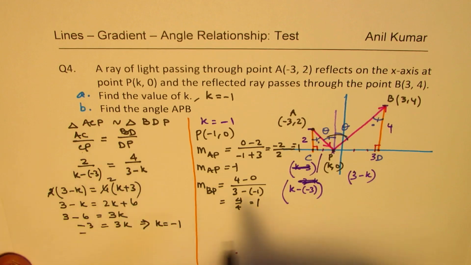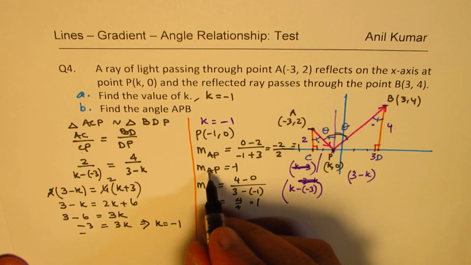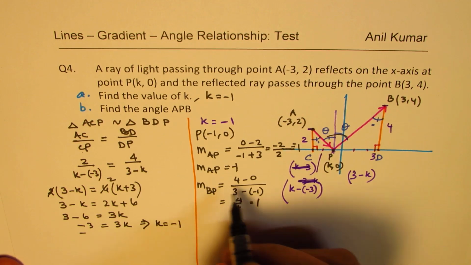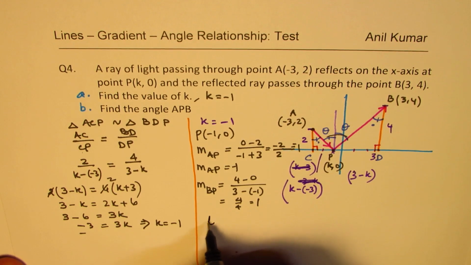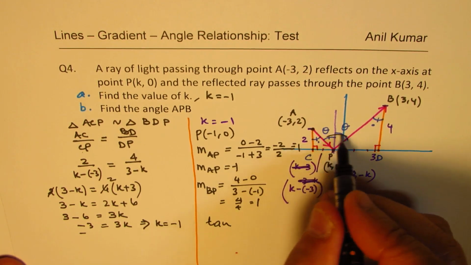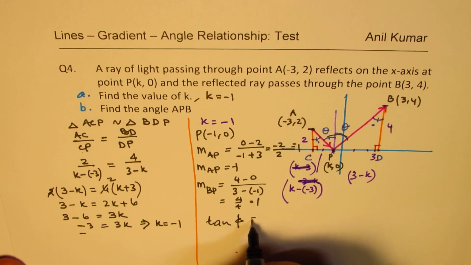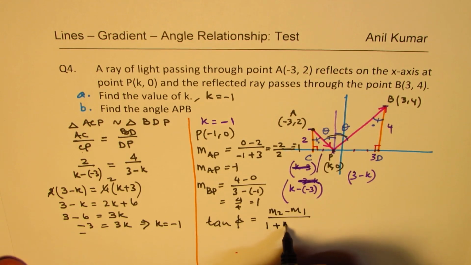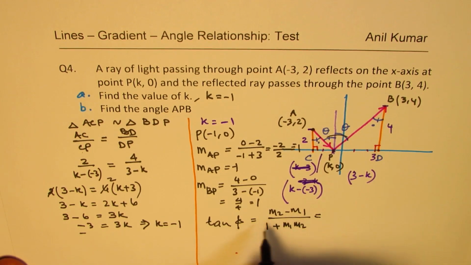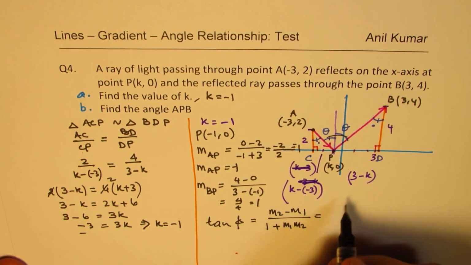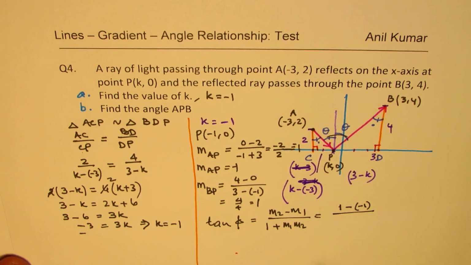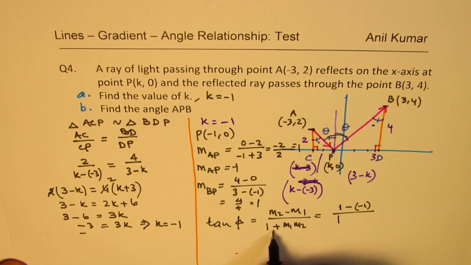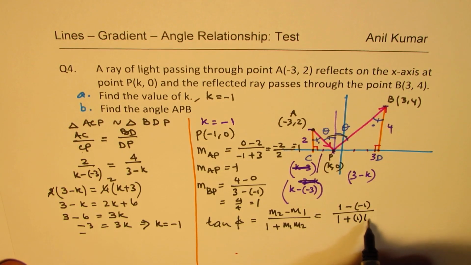Anyway, if you use the formula for the angle between lines, since the slopes are negative reciprocals, we have an idea that these lines are perpendicular, right? But even if you use the formula, which is tan of the angle between them, let's call this angle phi, which is m2 minus m1 over 1 plus m1 m2, that gives you, m2 is 1, m1 is minus 1, divided by 1 plus 1 times minus 1.